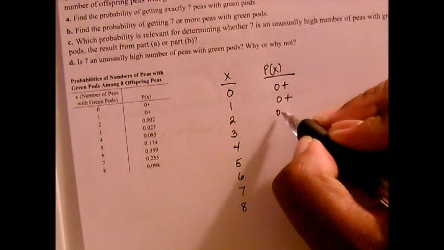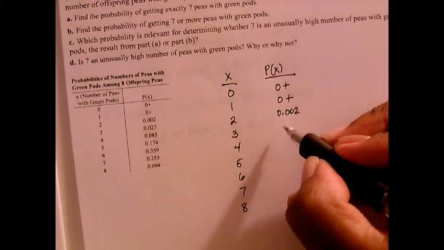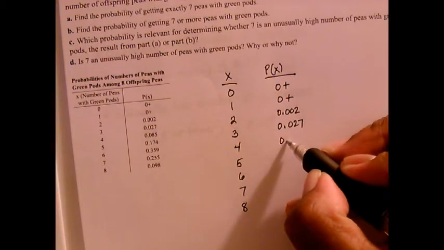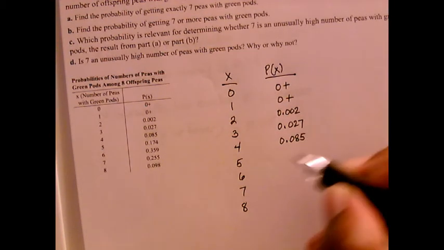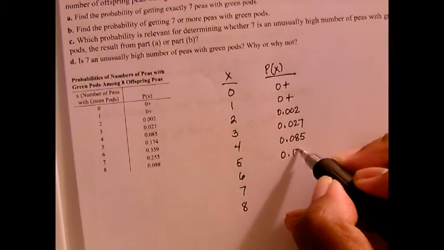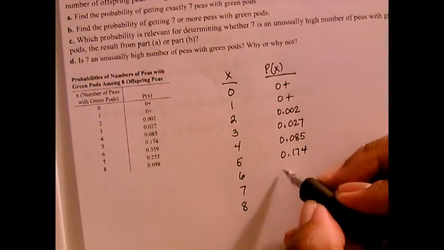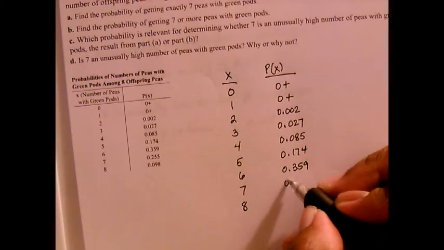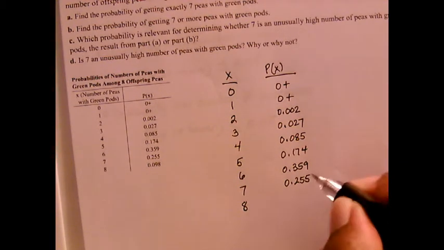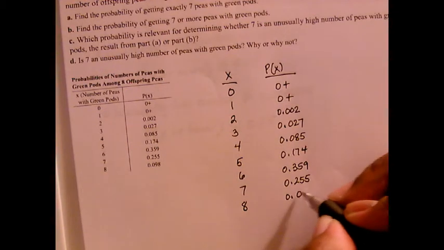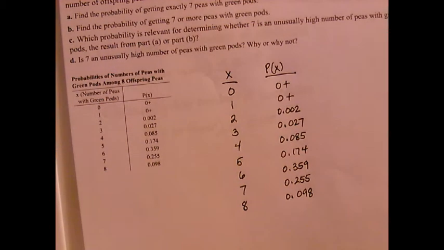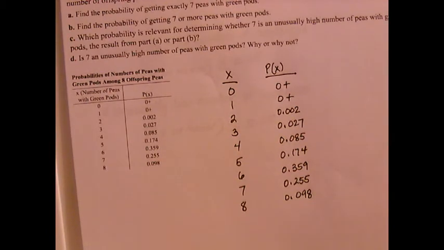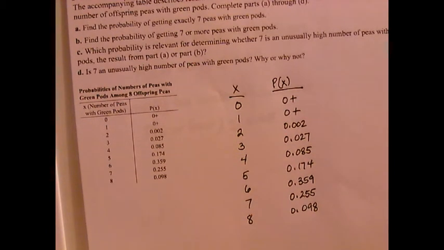So here for 2, that would be 0.002. For 3 is 0.027. For 4, that would be 0.085. For 5, that would be 0.174. For 6, it will be 0.359. For 7, it will be 0.255. And 8 will be 0.098.